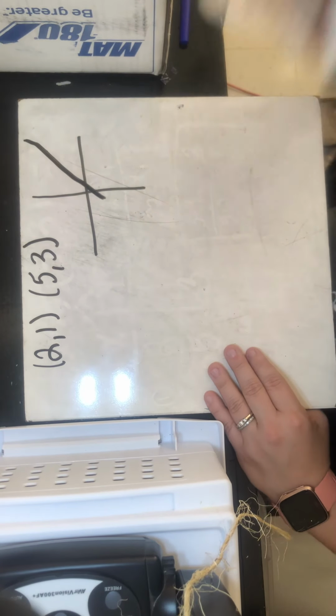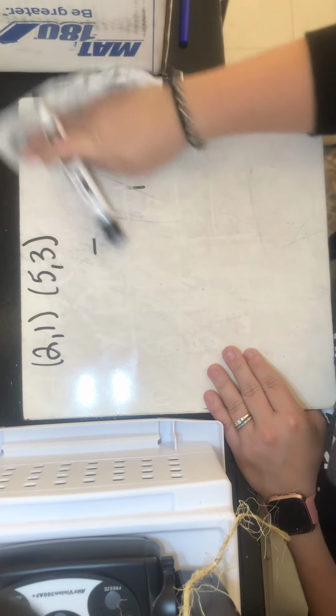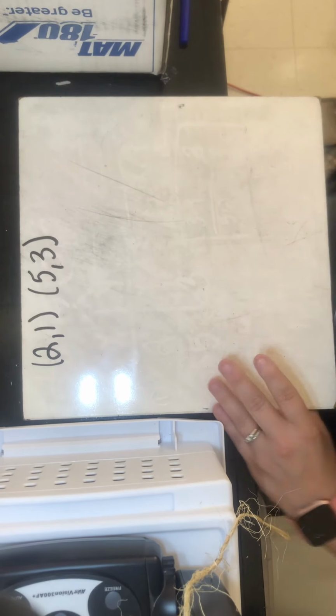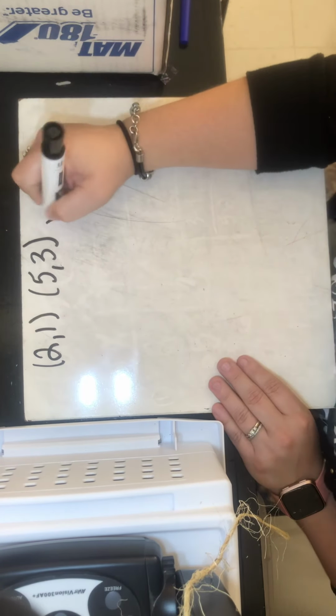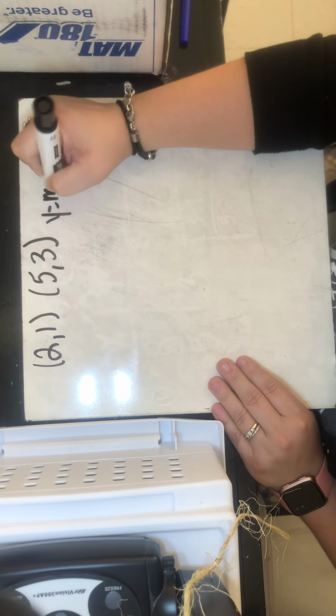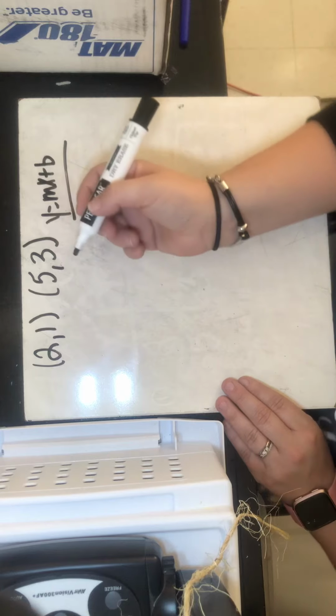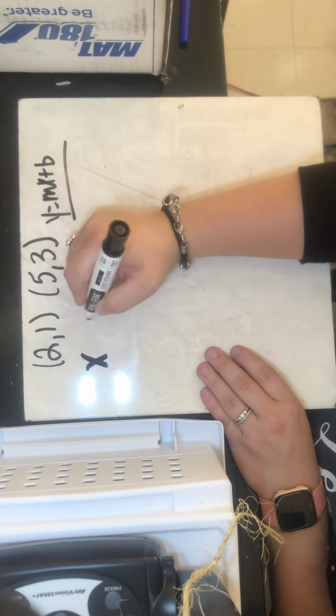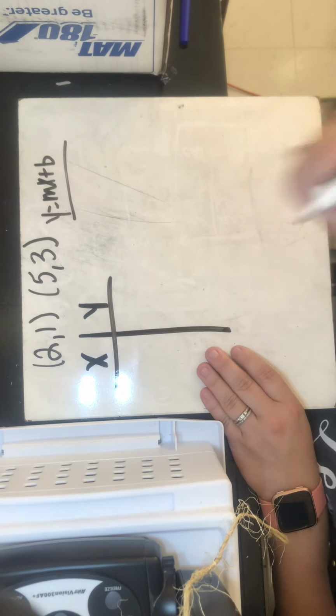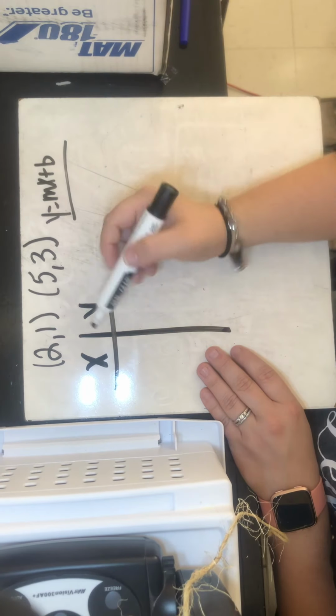We want to figure out what the slope is and how it's going to fit into our y equals mx plus b formula. So we're going to set up a table because I think it's easier to read that way.